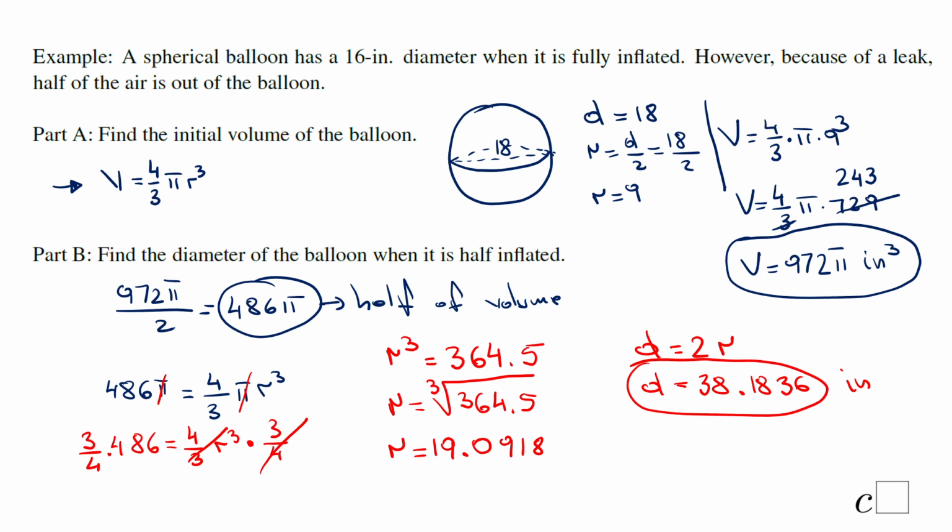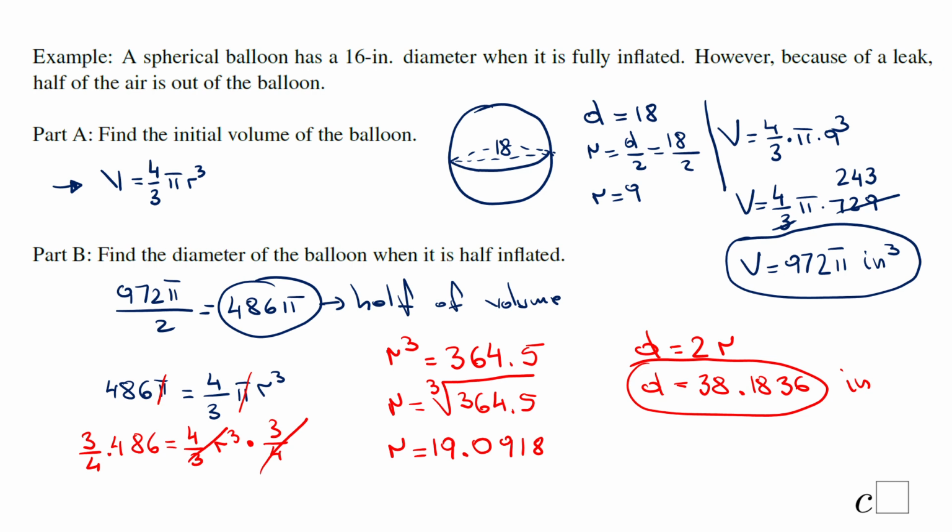So you notice the diameter, by the way, we have an issue here, right? Because this diameter cannot be more than the original. So there is a mistake somewhere here. Let's double check now.